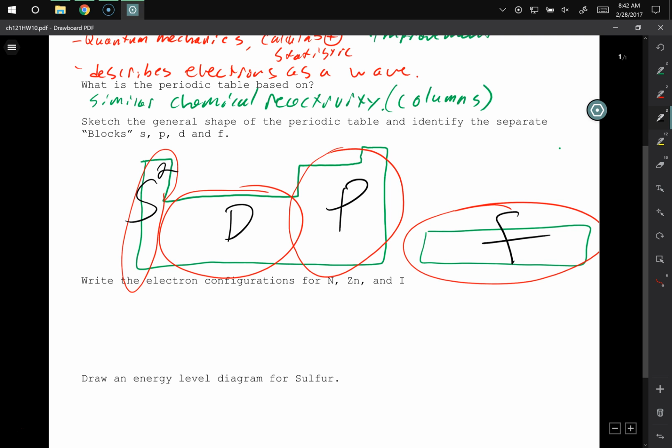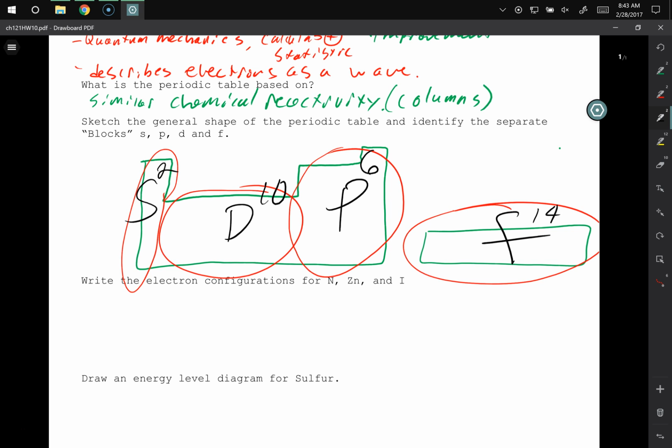So this one is 2, this one's 6, this one is 10, and this one is 14. What is that? How is that useful to you? Not how many orbitals. Close, you're on the right track. It's how many electrons can be housed by that sublevel.